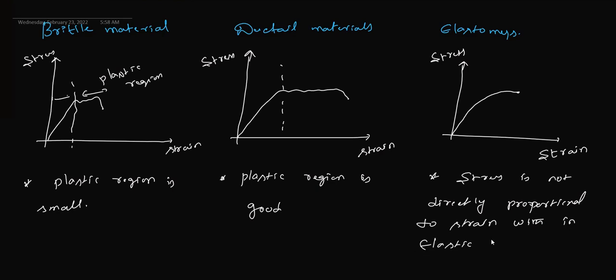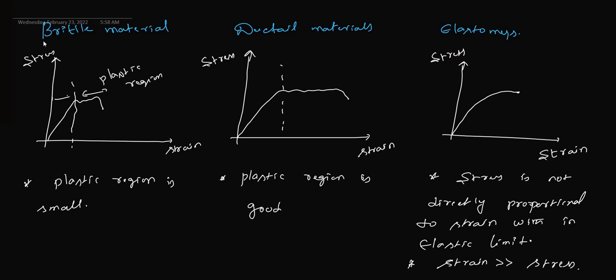Within the elastic limit, Hooke's law is not at all valid here. And one more point: strain is more than stress for small forces. If you apply a small force, large elongation will come in these materials. In which materials? In elastomers.